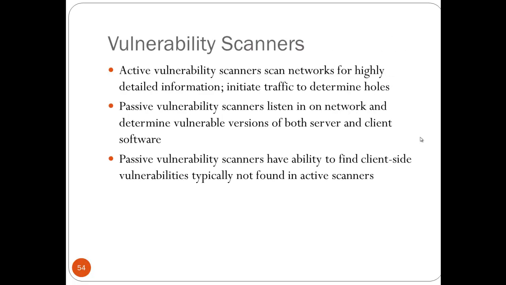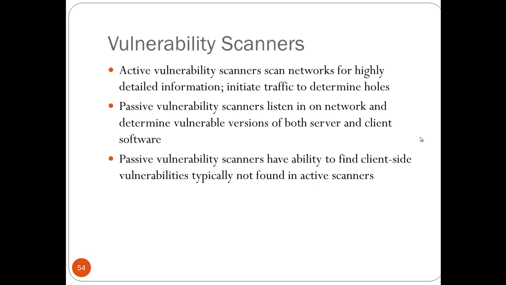Vulnerability scanners. An active vulnerability scanner is one that initiates traffic on the network in order to determine security holes. As a class, or as a set of tools, this type of scanner identifies exposed user names and groups, shows open network shares, and exposes configuration problems and other vulnerabilities in servers.